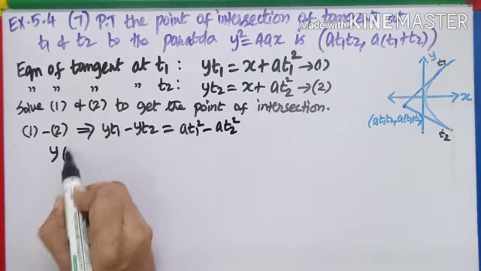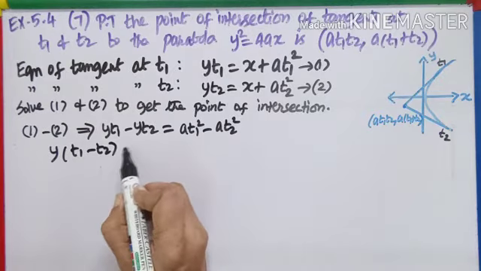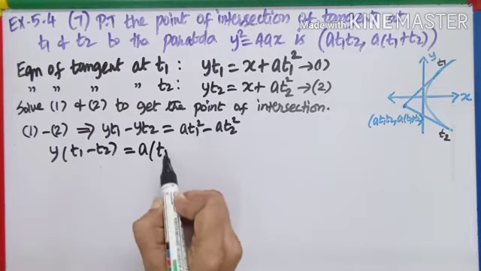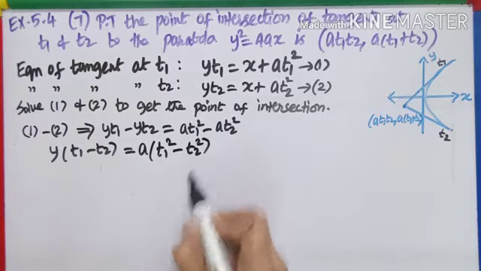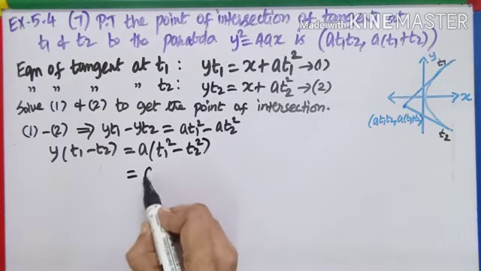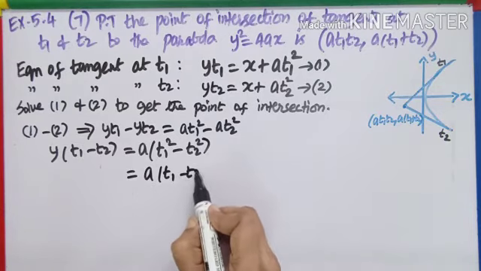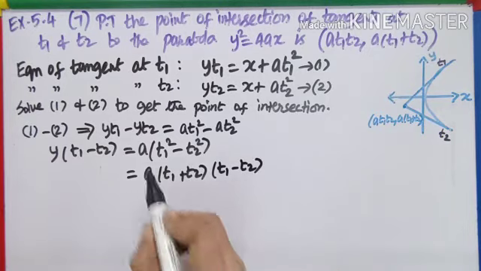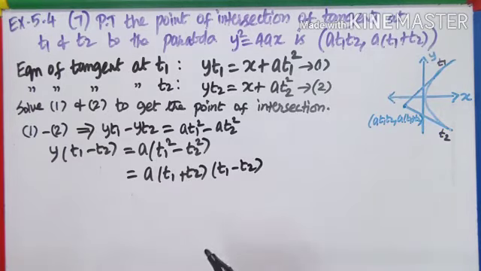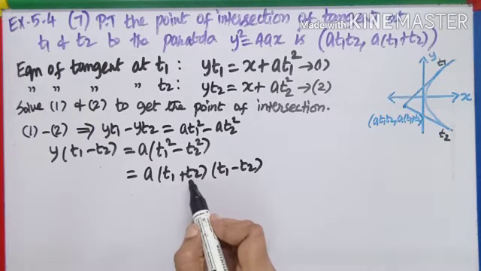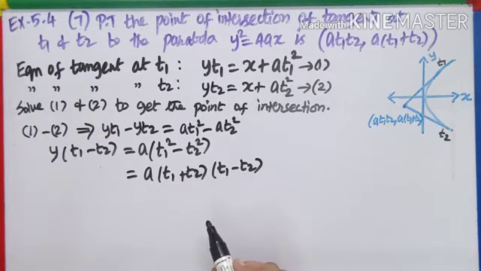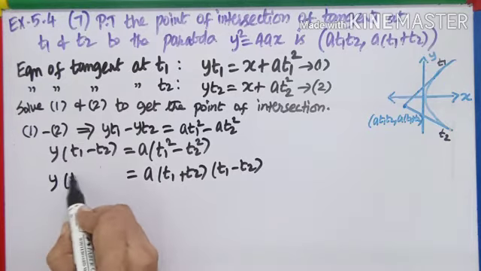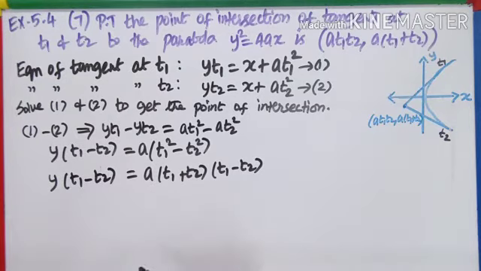Here y is common, T1 minus T2. Here a is common, T1 square minus T2 square, which can be further written as T1 minus T2 into T1 plus T2. This is the a square minus b square formula, which gives a plus b into a minus b. The LHS is y into T1 minus T2.